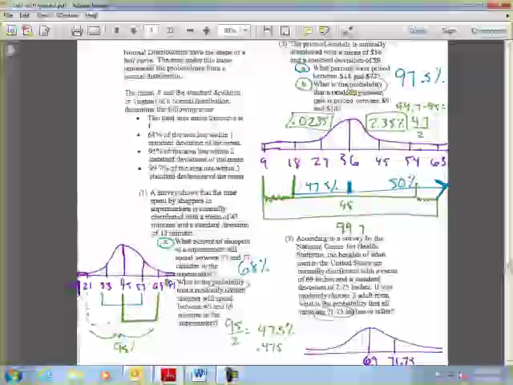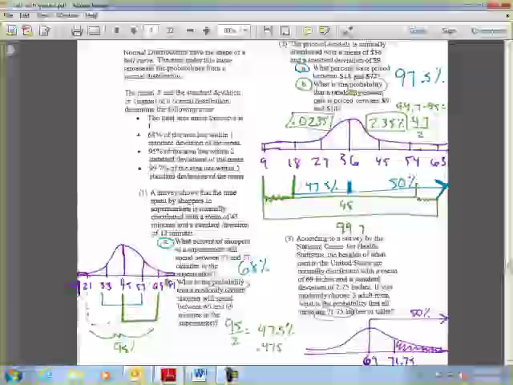So our question says, if we randomly choose 3 adult men, what is the probability that all 3 are 71.75 or taller so that they fall into this region? So we need to know what is the percent in that region. Well, from middle out to edge is what? 50.